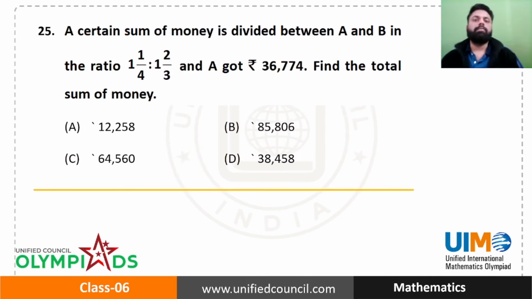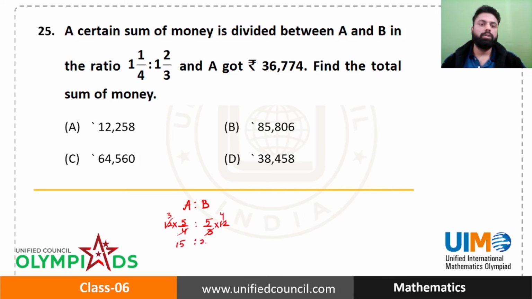A certain sum of money is divided between A and B in the ratio. So the ratio of A is to B is 5 upon 4, this is 4 upon 5 upon 3. If you multiply it by 12, so it will become 15, and 20. 15 is to 20 ratio, that is 3 is to 4.